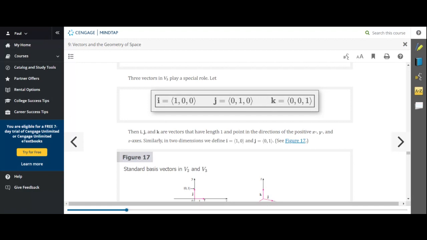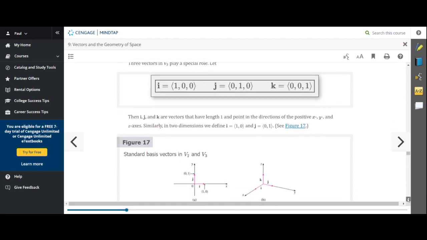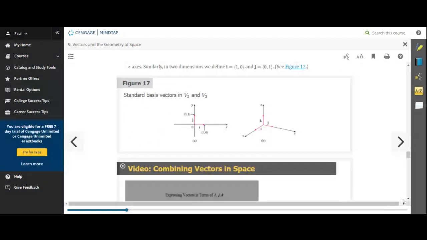But for our class, since this is the most convenient basis, we'll use i, j, and k, which means any vector in three-dimensional space can be written in terms of i, j, and k. And they have a nice picture here in figure 17 of i, j, and k.